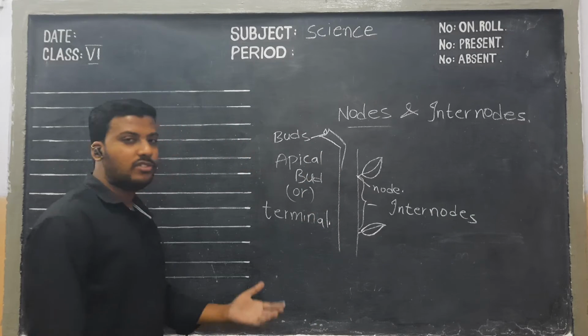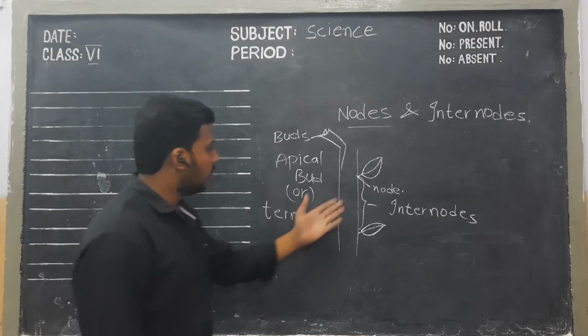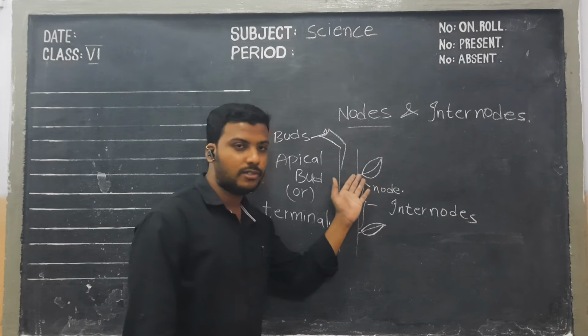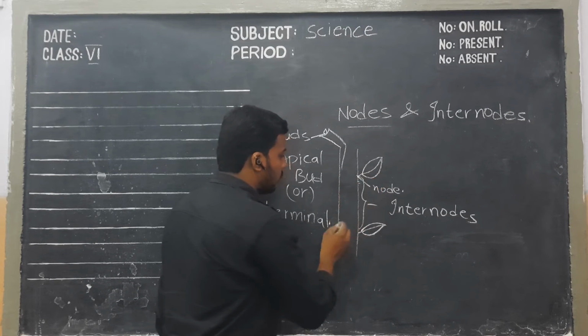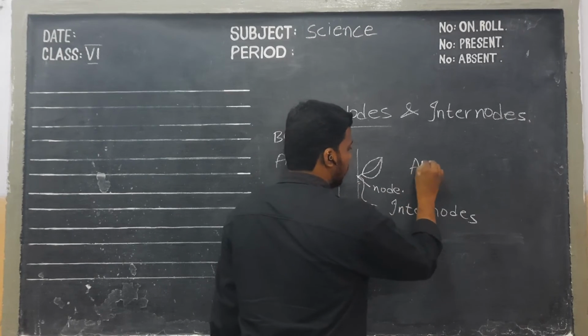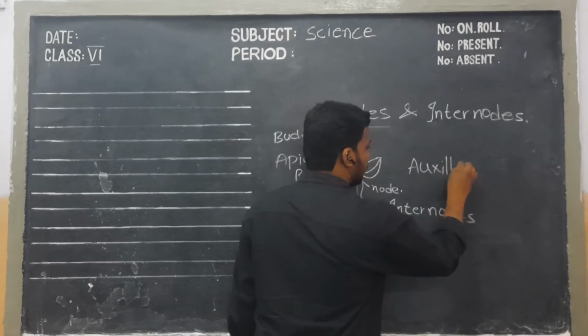Then what is an auxiliary bud? This is the part of the stem where the leaf grows, and this part is called the auxiliary bud. So I am writing the name auxiliary bud.